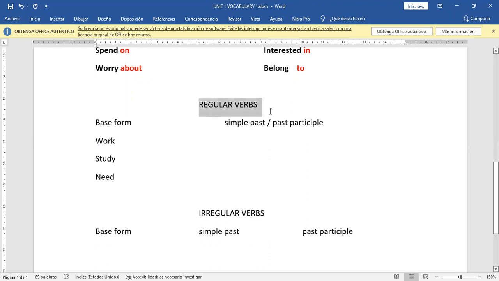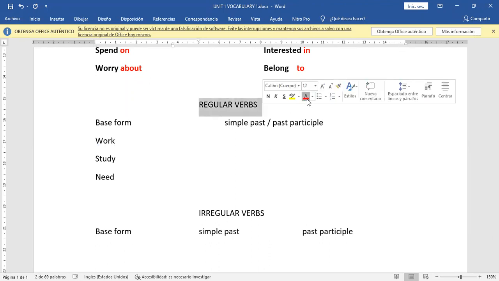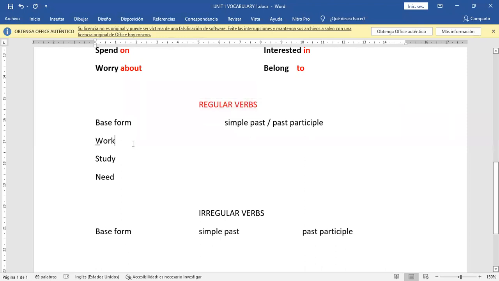They belong to regular verbs. The base form is work, the simple past is worked. The only difference is the suffix. The same for the past participle, worked.